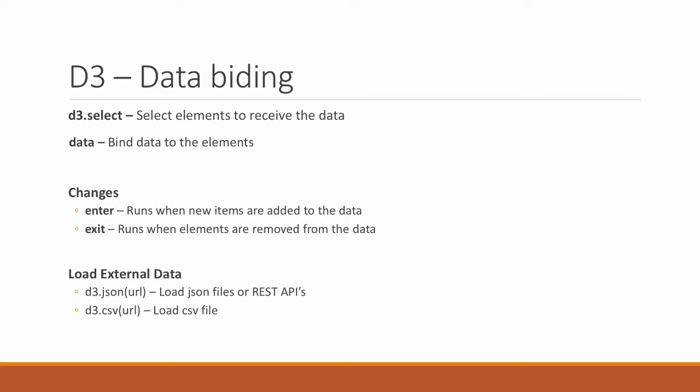So when things are leaving the data, you have to remove them from the screen. And of course, you want to load external data. So D3 works in a way that you only need D3 to do almost everything. So you don't need jQuery or anything to load a file. You can just use d3.json if you are loading a JSON file, or you are accessing a REST API, or you can use d3.csv if you are loading a CSV file.